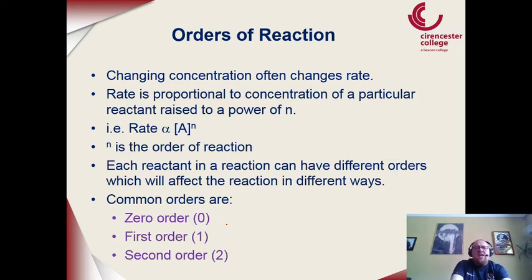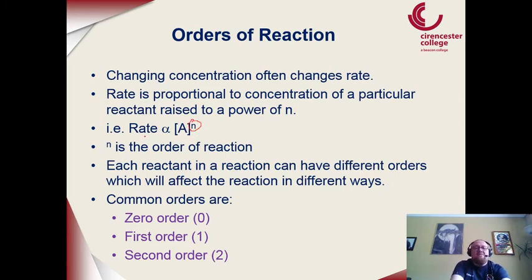So if we look at our rate equation, and at the moment we're just saying rate is proportional to the concentration of a component A in a reaction, this thing here is the order of reaction.